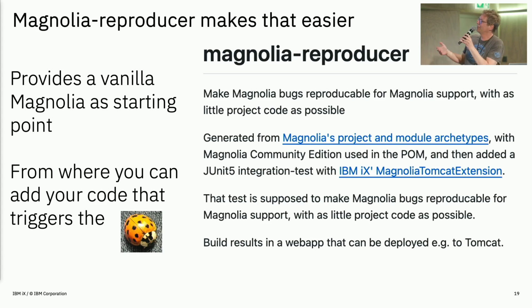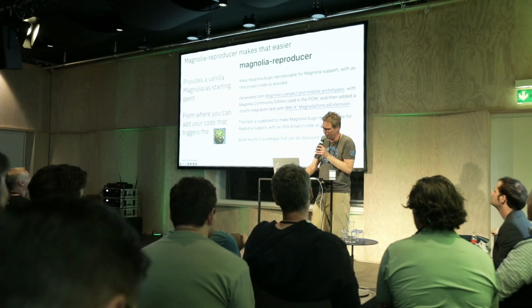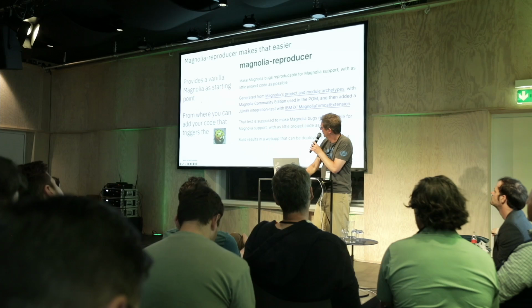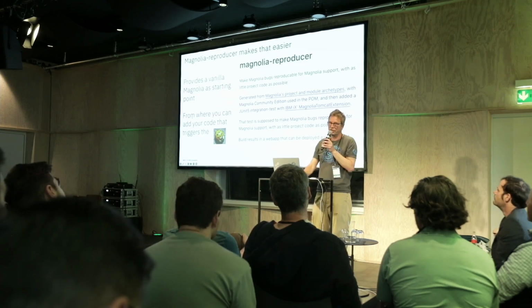What I did, I generated a vanilla Magnolia project from the archetype, a community edition project, and also integrated our test JUnit5 extension to make it easier to, well, test. It's a GitHub repository where you can add your code that triggers the bug.